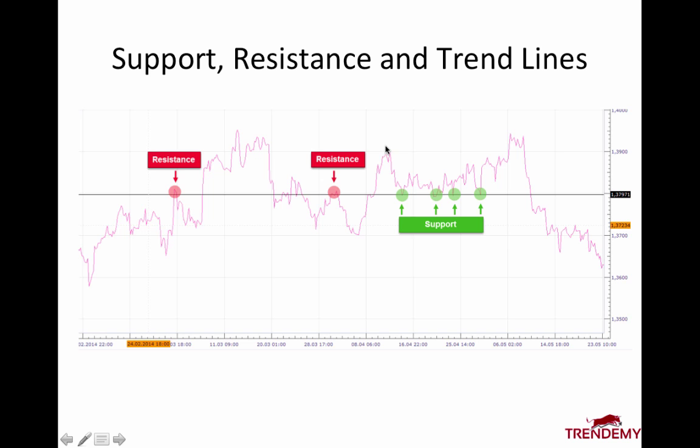When it tries to go down, it meets some support. There's no way that it can plunge downwards, because there's a support line here, around the value of 137971. As you can see, there's a support here. There is no way that it can go lower because there's some interest from the investors.